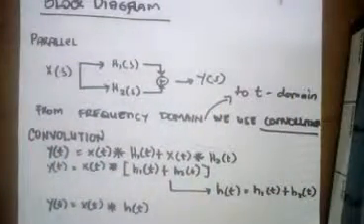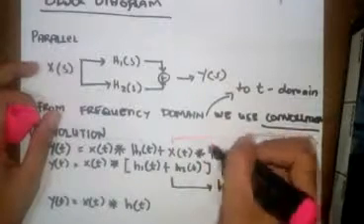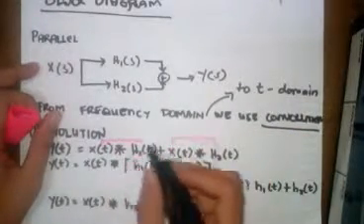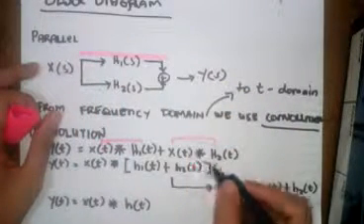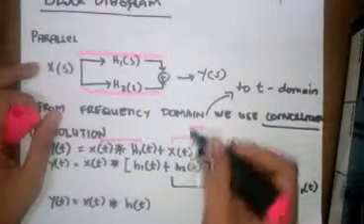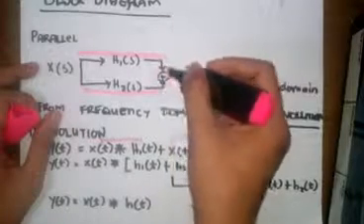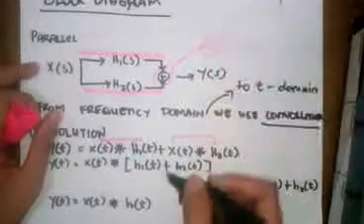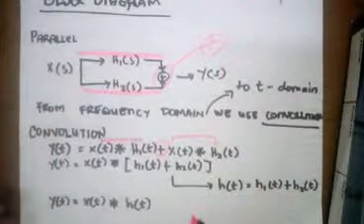Let's use a brighter pen. This h of 1 is the upper part here, and the h of 2 is the lower part. But since we have a plus sign here, we are going to add them up.